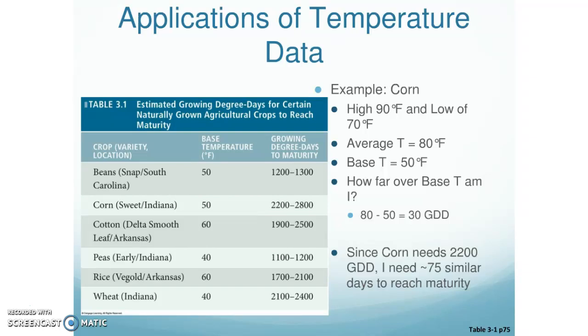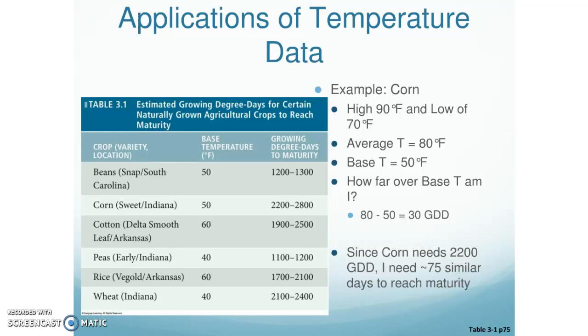That's how much energy the plant is going to absorb for the day. But plants need more than that to mature. So corn, for example, will need a total of 2,200 to 2,800 growing degree days to mature. So in order to reach that 2,200 growing degree days, I will need at least 75 similar 30 growing degree days for the corn to reach maturity.